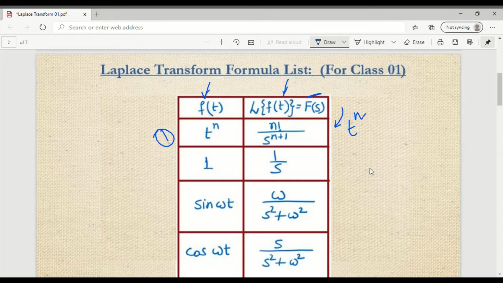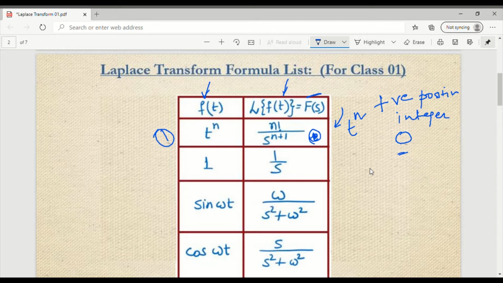So in your answers, be careful that you are not writing t here by mistake; you have to write s. So this is n! by s^(n+1), where n is a positive integer, and this positive integer includes 0 also.